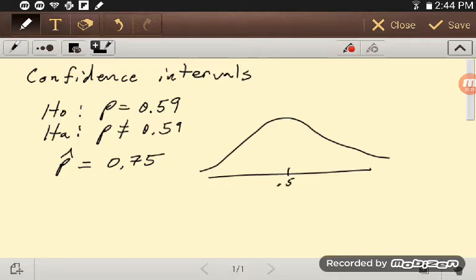Here's 0.59, and say here's 0.75, and we found this area out here, this proportion, to be something like maybe 0.015.